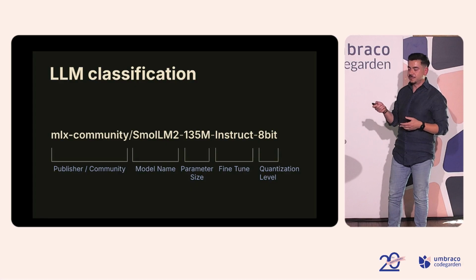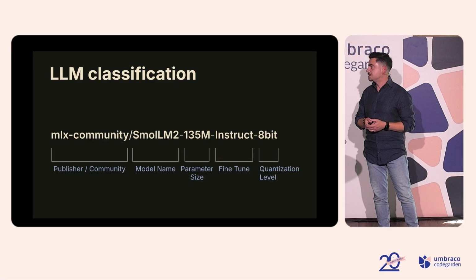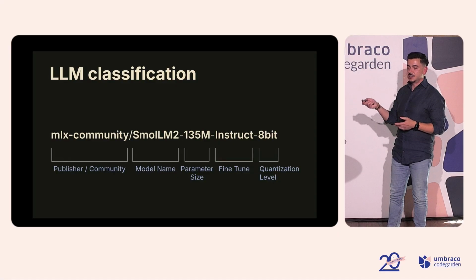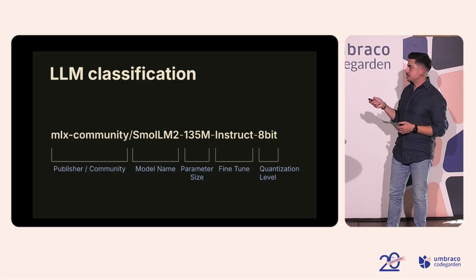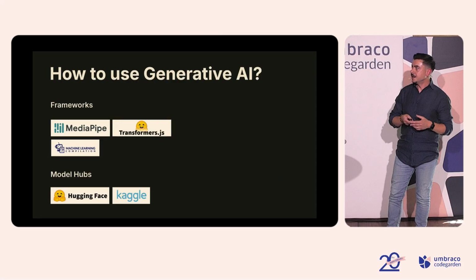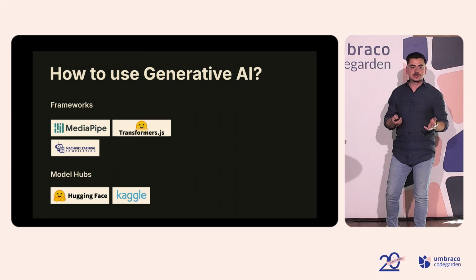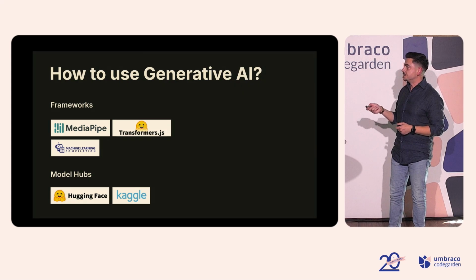So if you go to 4-bit, which is the lowest quantization level, you could see some quality differences with 8-bit or 32-bit. But feel free to experiment with these quantization levels and how to use these models in our web applications. Again, there are some frameworks that allows us to use them.